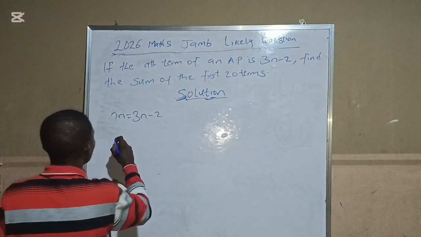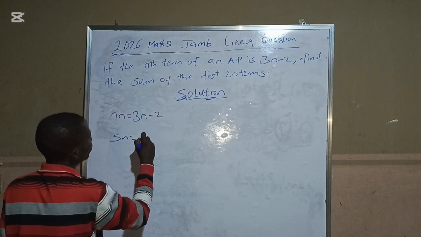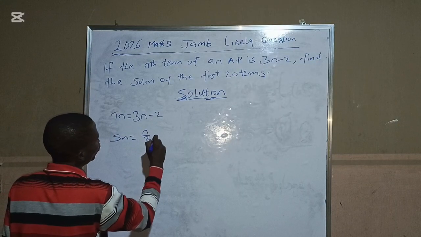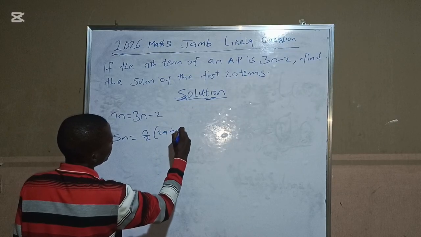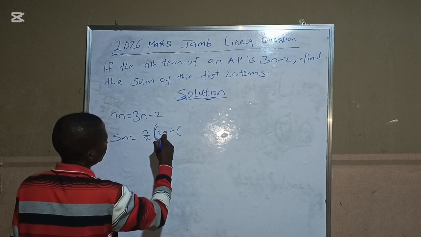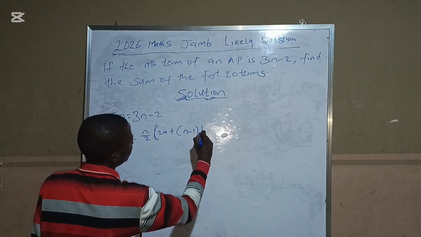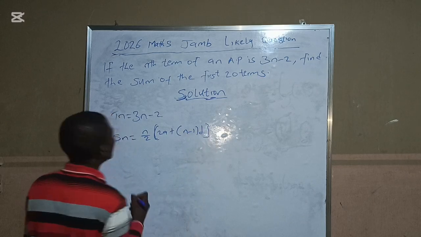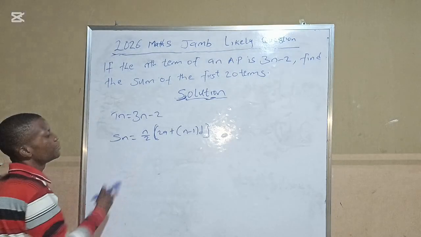So now we know the formula for the sum of an AP: Sn equals n over 2 bracket 2a plus bracket n minus 1 d. This is the formula for the sum of an AP.